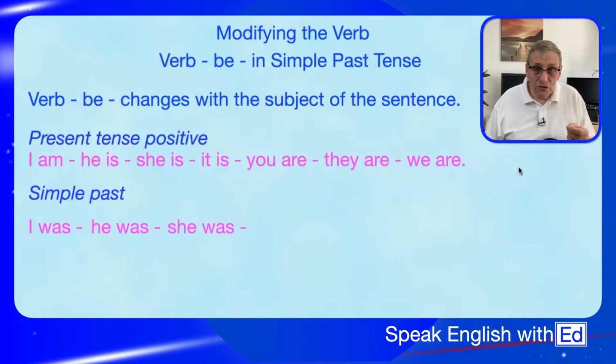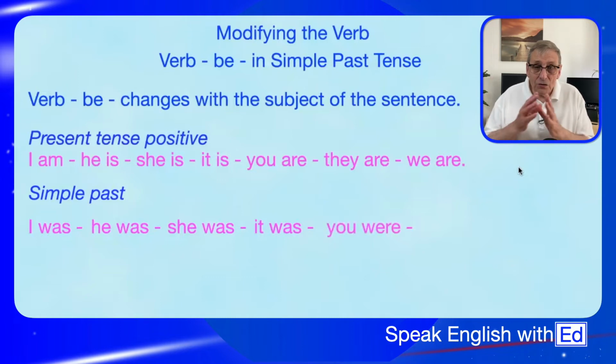It is changes to it was. Now these are all the single pronouns. I, he, she and it are all single pronouns, and they all use the verb was.